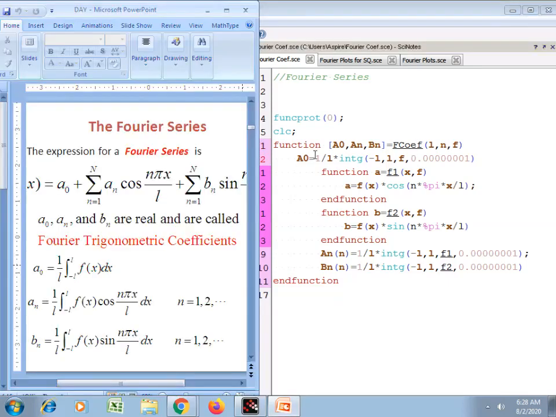Here a0 is given by the integral 1 by L into minus L to L f of x dx. For integration, I have used here the intg function with the arguments lower limit, upper limit of integration, then the integrand function and the absolute error required on the result.